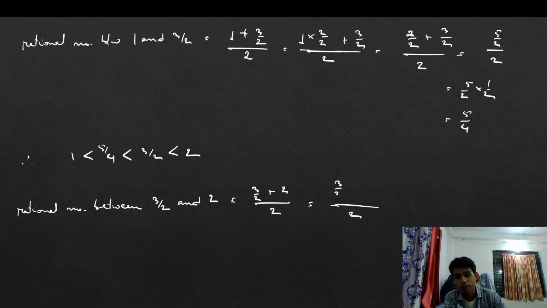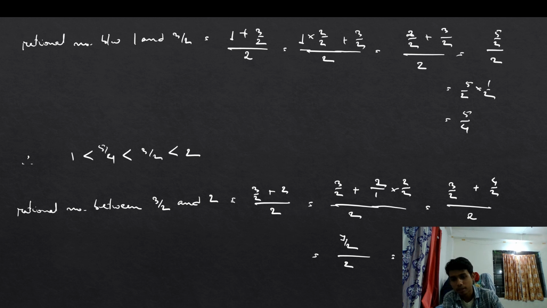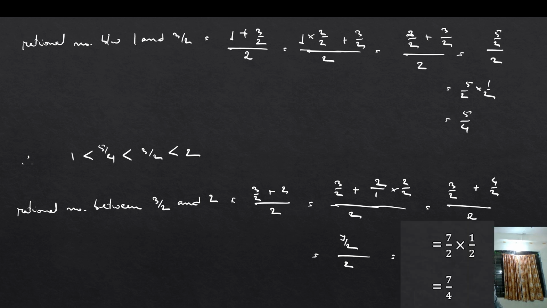By using equivalent rational numbers, we will again multiply 2 on both numerator and denominator of 2 by 1. Hence we will get 3 by 2 plus 4 by 2, whole divided by 2. That will be equal to 4 plus 3 is 7 by 2, whole divided by 2. That is equal to 7 by 2 into 1 by 2, equals 7 by 4.